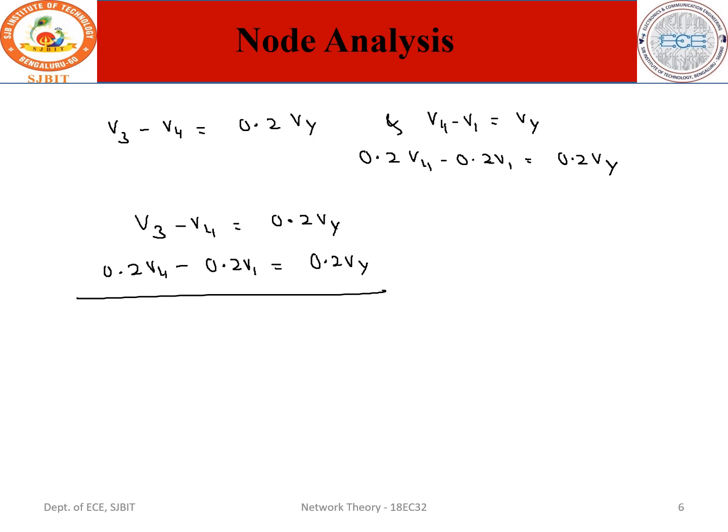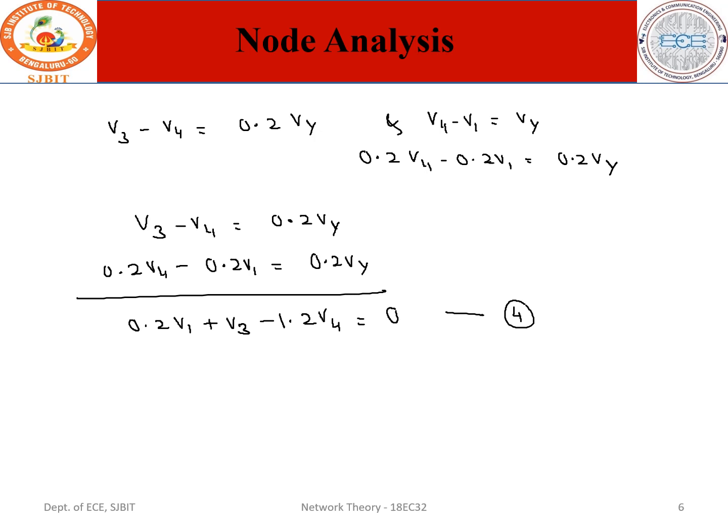If you subtract, then you can write it as 0.2 V1 plus V3 minus 1.2 V4 is equal to 0. Now call this equation 4.